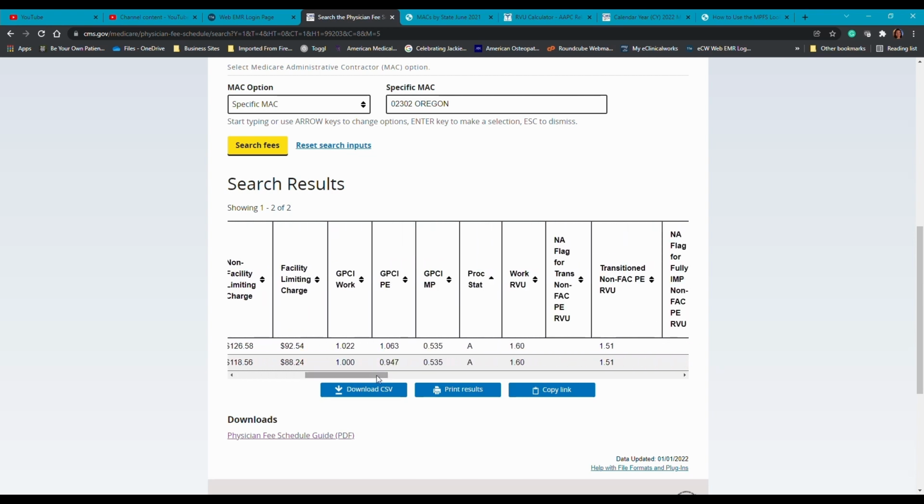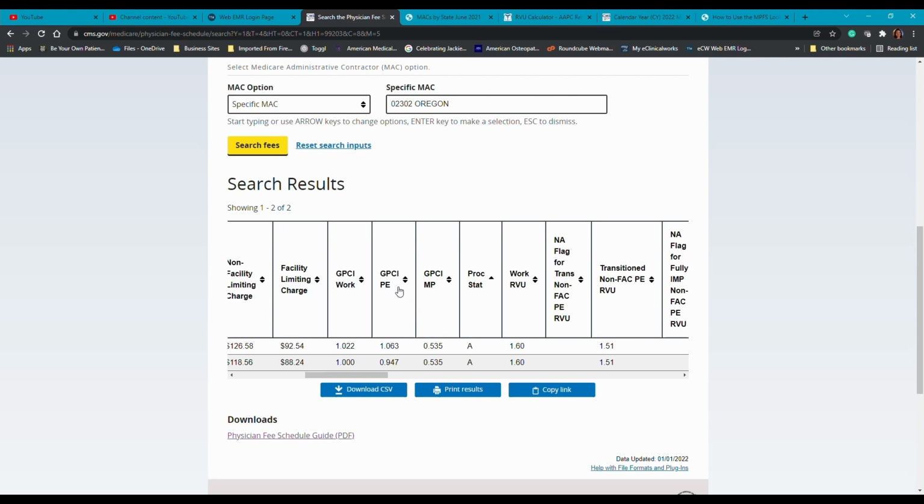So if we scroll over here, a lot of these things don't make a ton of sense, but here's that GPCI. So this is the work. This is the physician work. This is the bulk load of what's considered. So if you see, it's 22 thousandths, I hope I have that right, of consideration difference than the rest of Oregon. So they get a little bit more weight for the geographic location and the physician work that gets calculated into this formula.